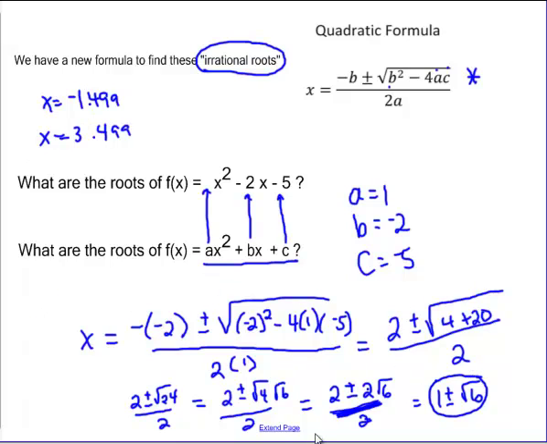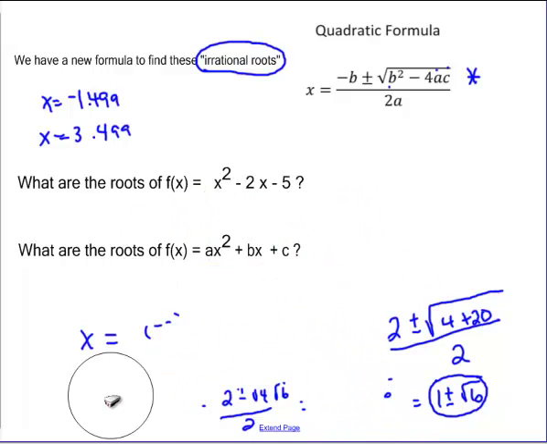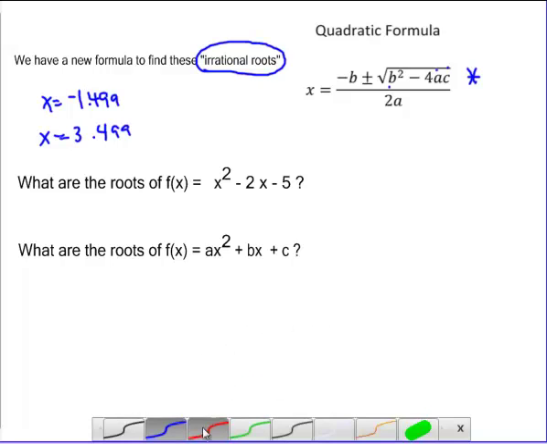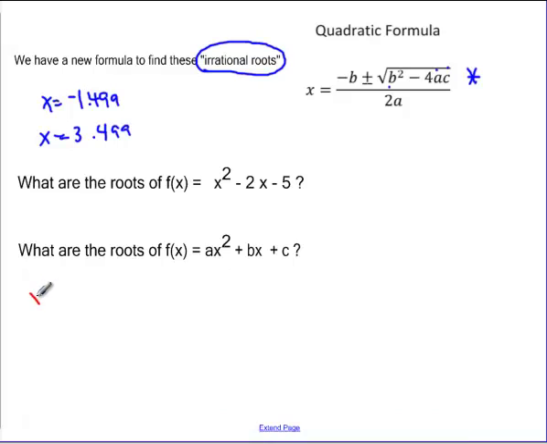If I'm going to take this page, I'm going to clean it up now. Let's get rid of all this. If you were to take out a calculator and do this, x is 1 plus radical 6. And if you actually did that on the calculator, that's where you get the 3.499.